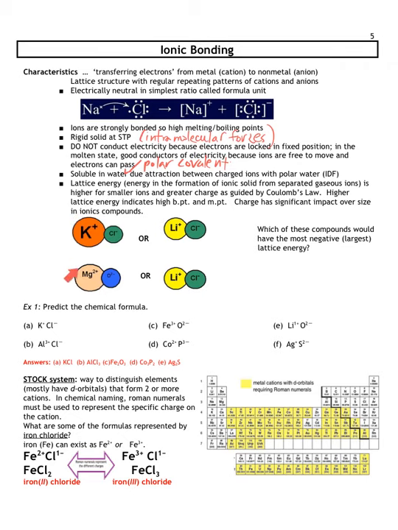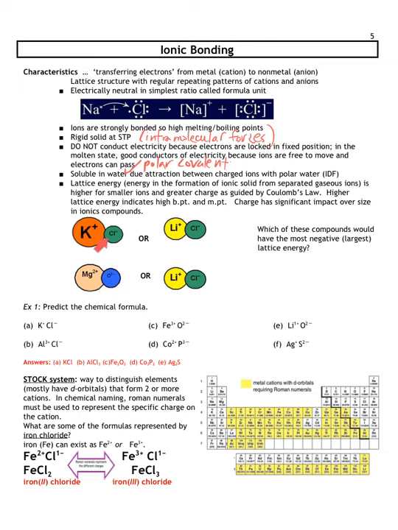trumps size. Here is an example of KCl and LiCl, and it's asking which of these compounds has the most negative or the largest lattice energy. If you ignore the negative sign, you can look at the magnitude of the lattice energy, and that will tell you which one is the strongest. So which one will be strongest?